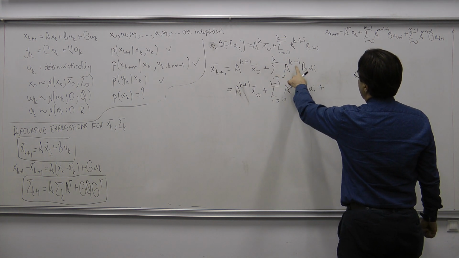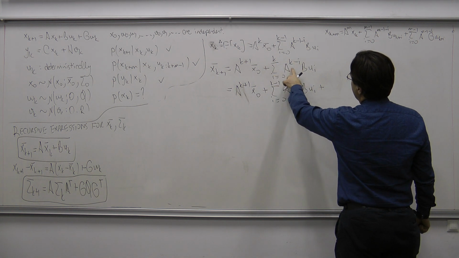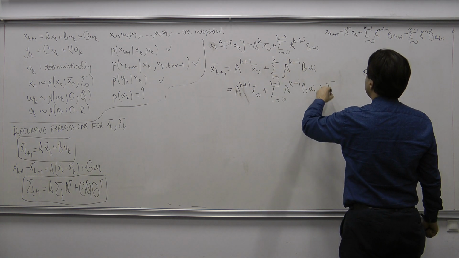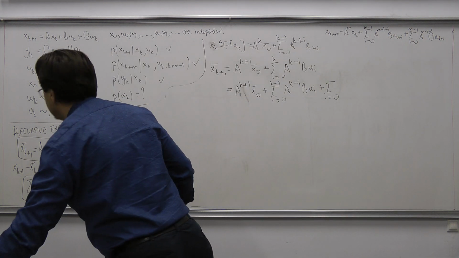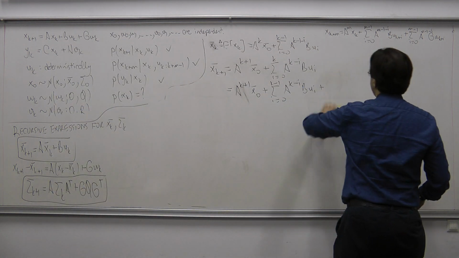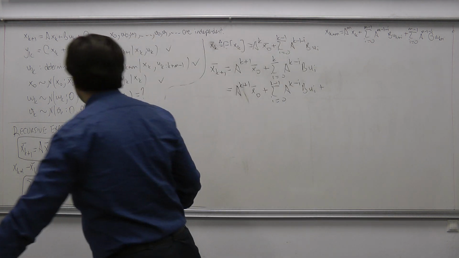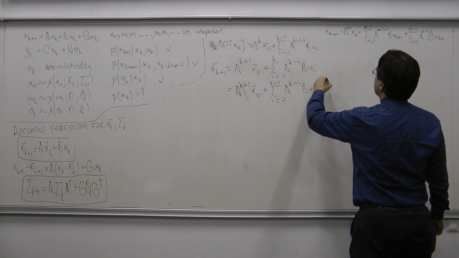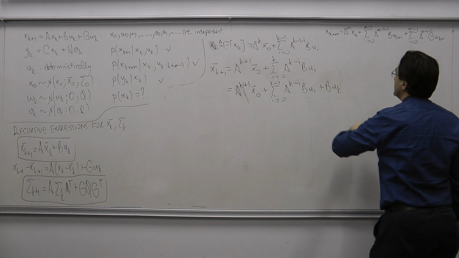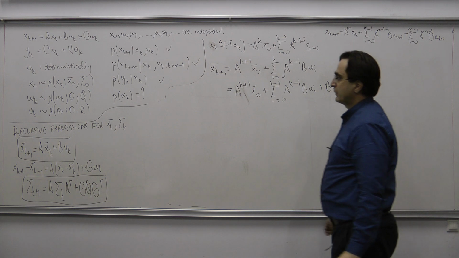I see that if i is equal to k, I would get A to the 0, which means that I do not have a summation anymore. We see that here the k term is going to be just B times u_k.